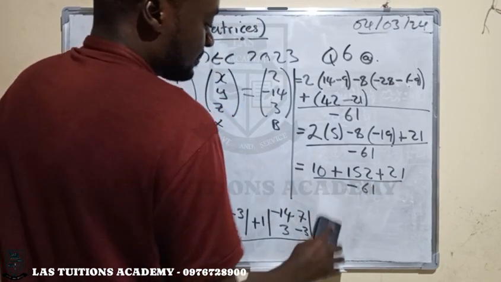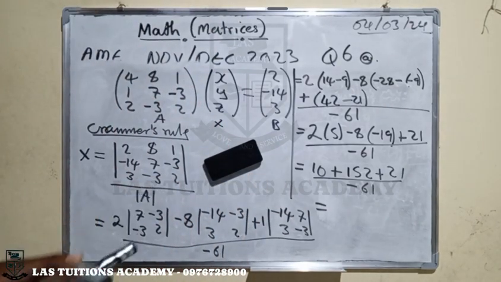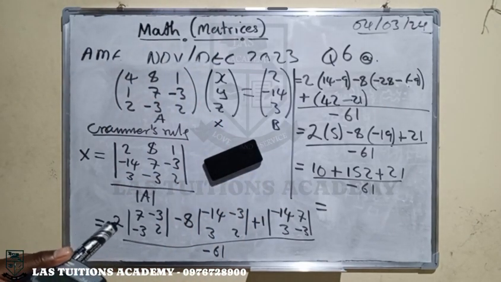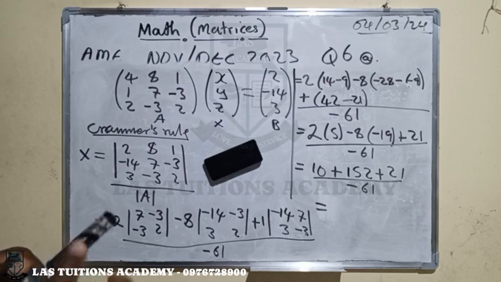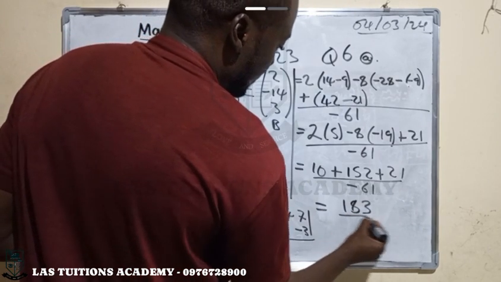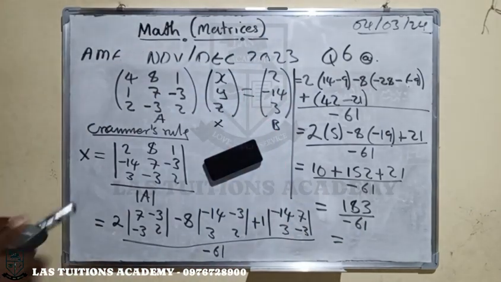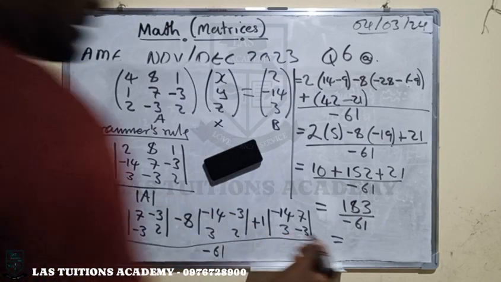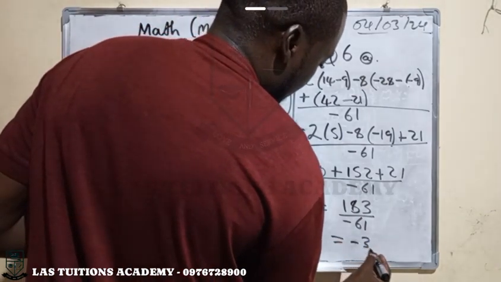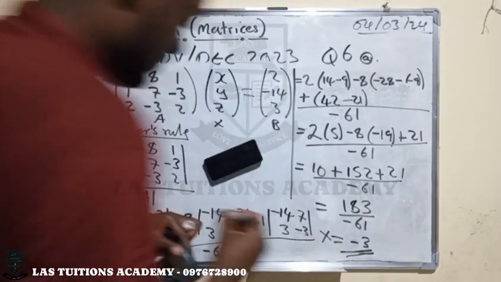So 10 plus 152 plus 21 gives us 183. So we're going to have 183 over negative 61. Now 183 divided by 61 gives us 3, so we are saying x is equal to negative 3.